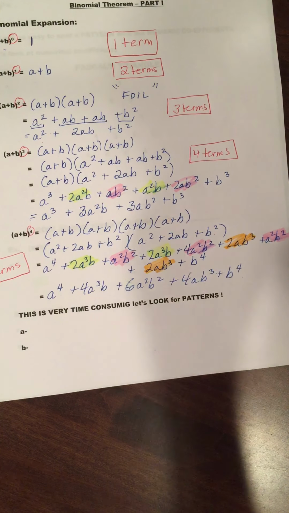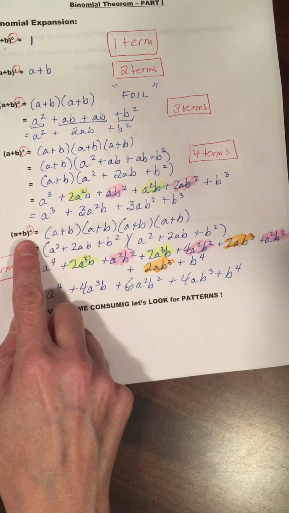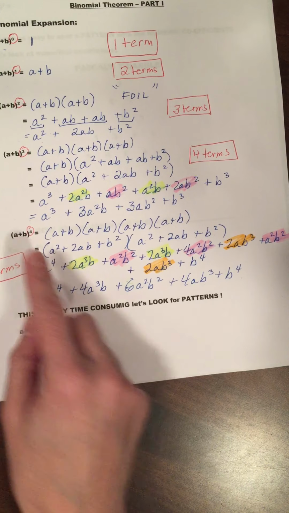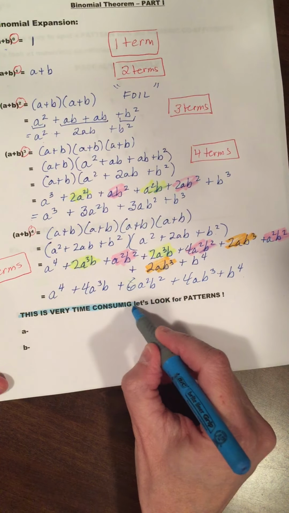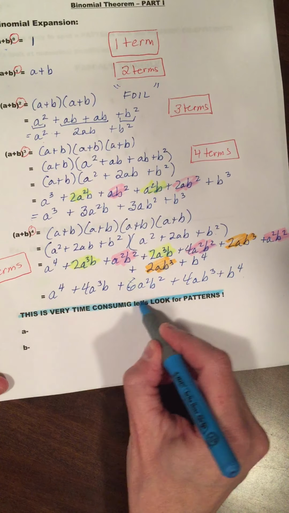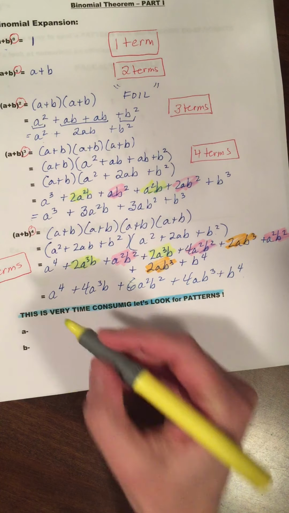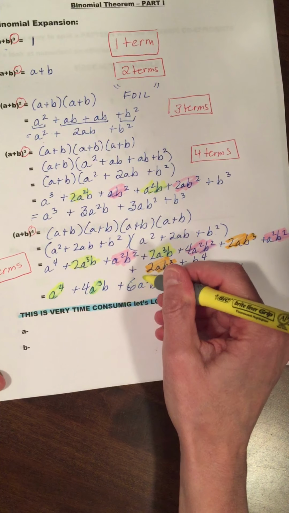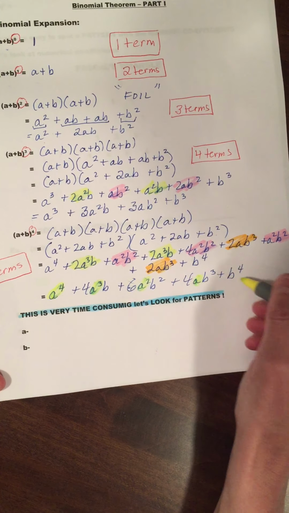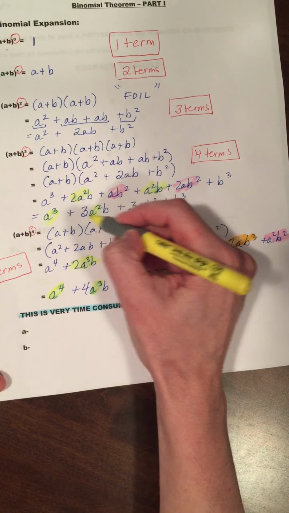Now, what have we discovered? Well, if I gave you the next question, a plus b to the exponent 5, you can very logically see that this is time consuming and we need to start looking if there's any patterns. The first pattern we've already pointed out. I want you to look at my A term in all of your answers.